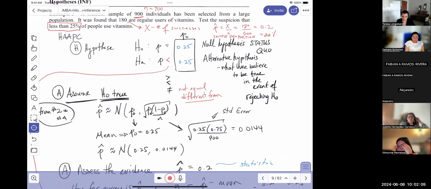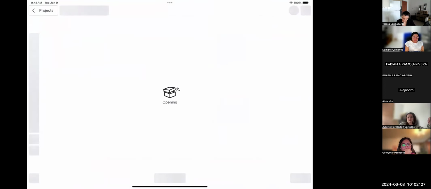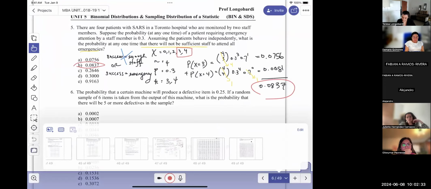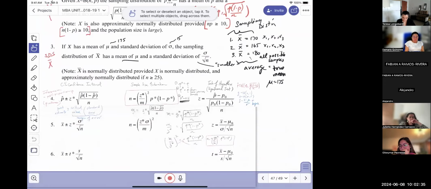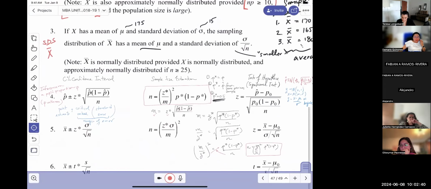All right, let's just recap what I did. So we've done hypothesis testing here, and we did it for the left side.